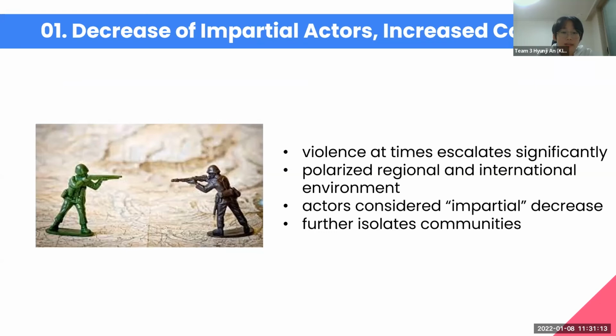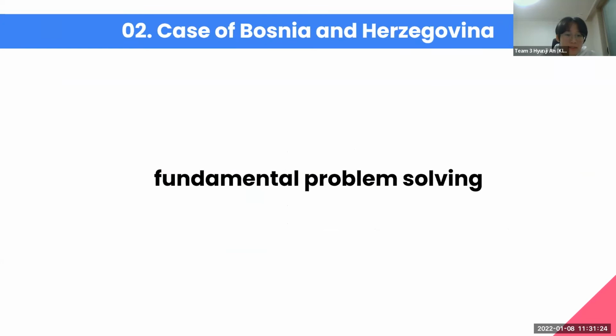However, UNDP has shown several cases with problem-solving ability standing out in these situations. One case I want to introduce is that UNDP did not just solve the surface problem, but found and solved the fundamental problem, lack of information.